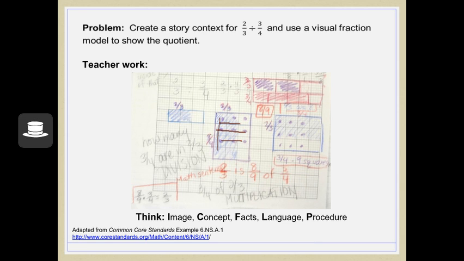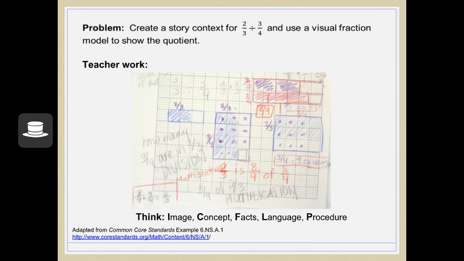Well, the first thing to observe is that 3/4 is 9 of those squares, or 9 of those 12ths. These are 12ths. It's that common denominator. So 9 of those represents 3/4. Well, how many times does that set of 9 go into 2/3, which is only 8 of those 12ths?